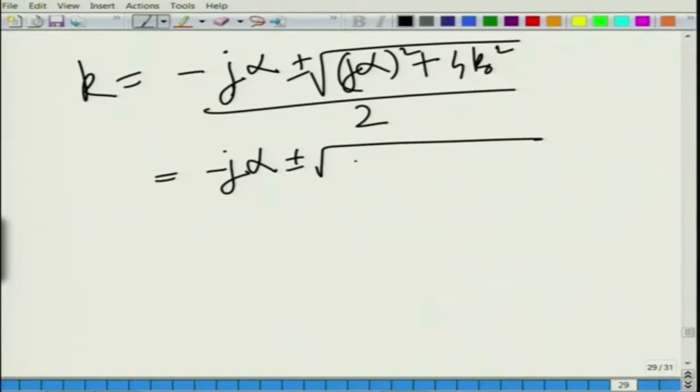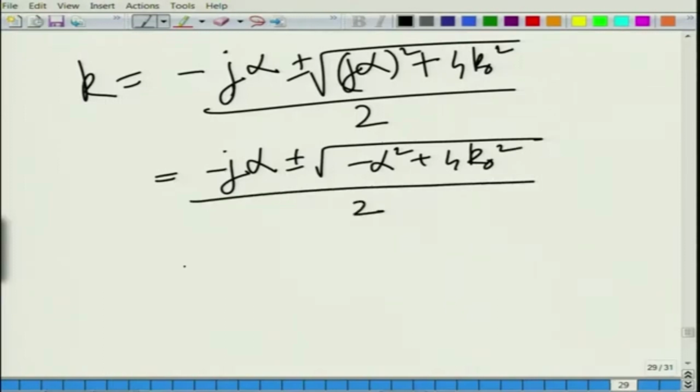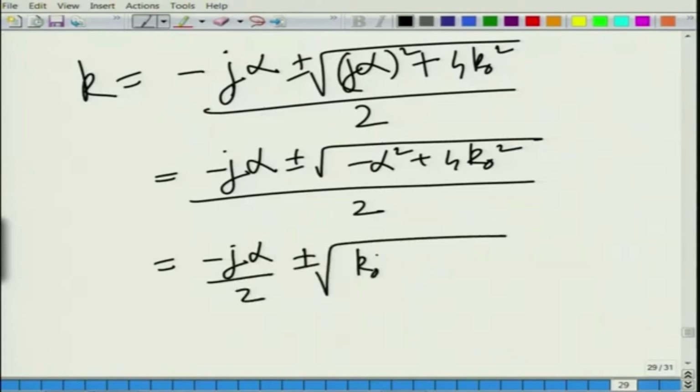So, j square becomes minus, so minus alpha square plus 4 k naught square by 2. So, this becomes minus j alpha by 2 plus minus k naught square minus alpha square by 4. So, we get this particular form, and we can actually simplify this thing further.